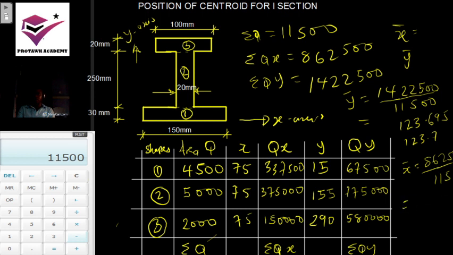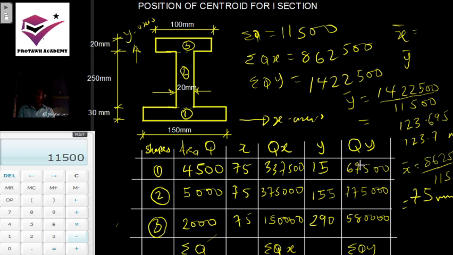Let's do that: 862,500 divided by 11,500. This will be equal to 75 millimeter.